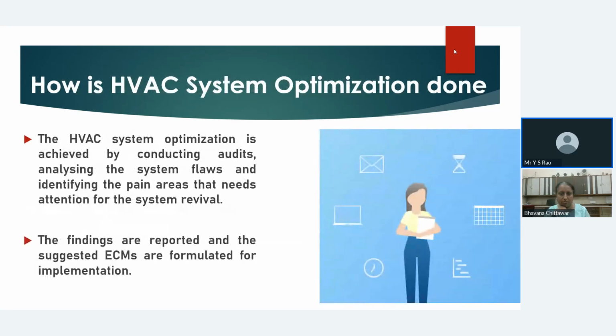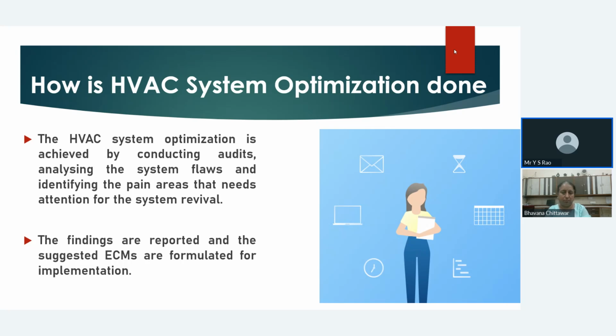Now the question in point is how to optimize the HVAC system or how to initiate the process. Straight away, without a second thought, I say that it has to be started by conducting an energy audit, followed by analyzing the system flaws and identifying the pain areas.